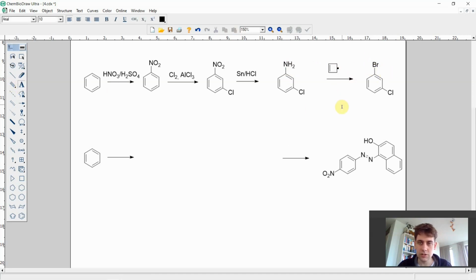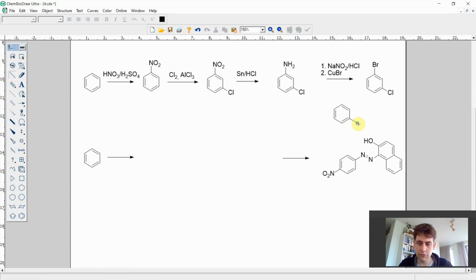So the reaction conditions would be something like sodium nitrite together with something that protonates, maybe hydrochloric acid. That's the first reaction step, and then in the second reaction step we need to use copper bromide to get our bromine substituting here. And I can maybe also draw the intermediary structure that is formed here.